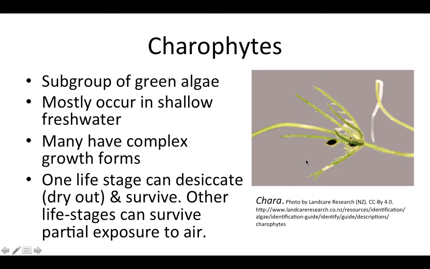These do require water. However, there's at least one life stage that can dry out and survive fairly long periods of time out of the water. And other life stages can survive at least short periods of time with partial air exposure. So for example, if this plant was lying on wet mud, then even if it wasn't completely covered with water, it could probably survive for a while.